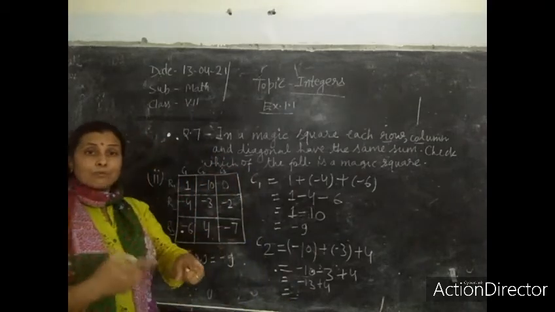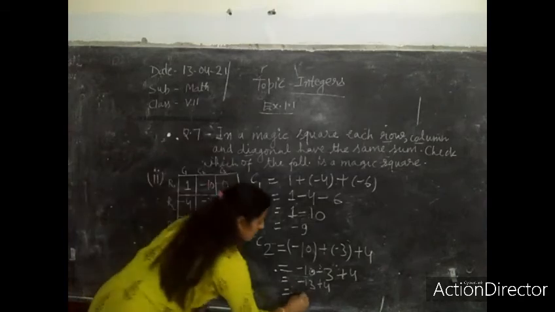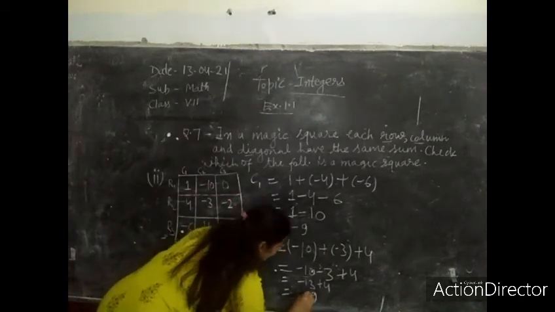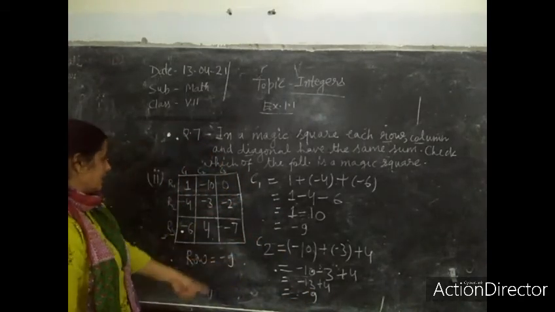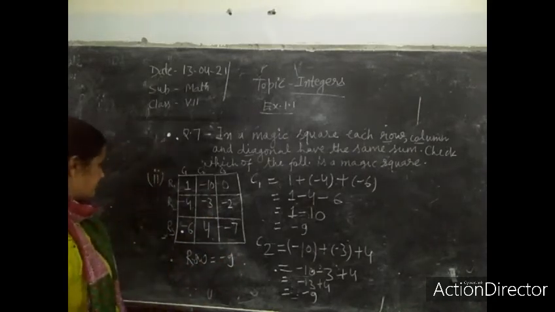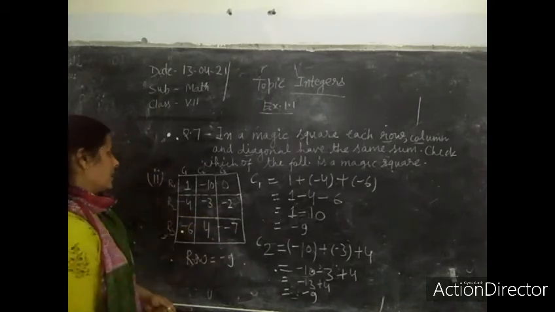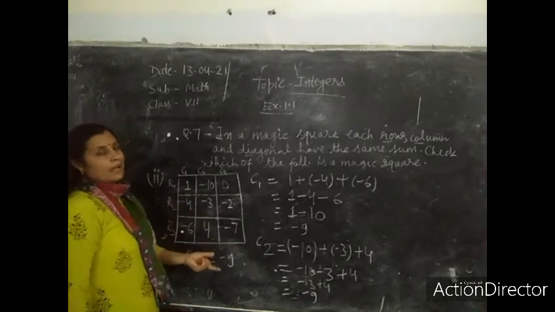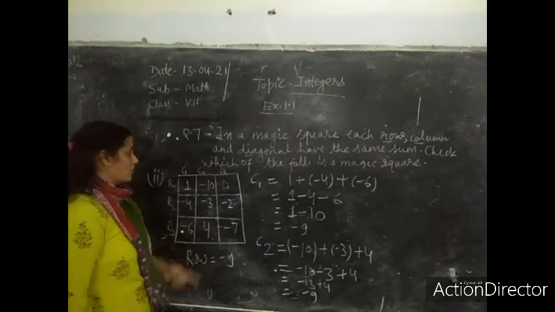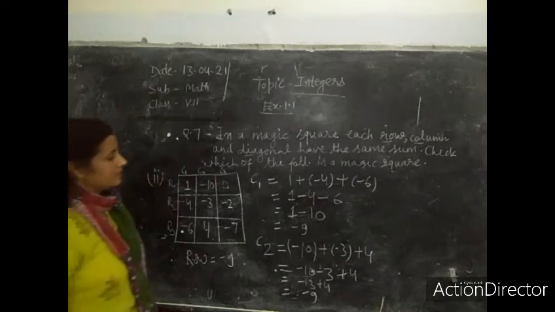Again 13 minus 4 equals 9, but 4 minus 13 equals minus 9. Very good. Again our C2 is minus 9. So now you can note it down. C1, C2 is minus 9. Note it down.